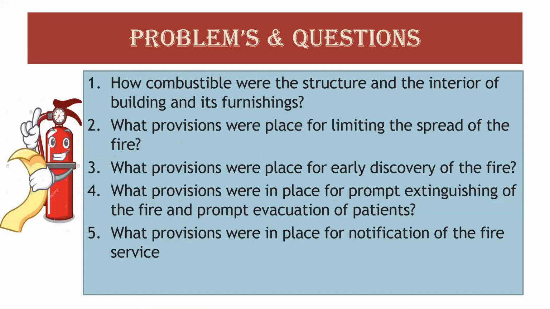These are our problems and questions: in the construction, interior and furnishing of the building, what provisions are in place for limiting the spread of fire, early discovery of the fire, promoting extinguishing of the fire and evacuation of patients, and notification of the fire services?